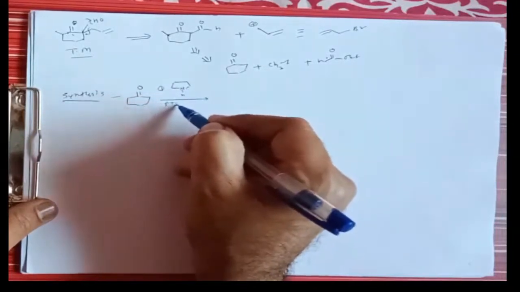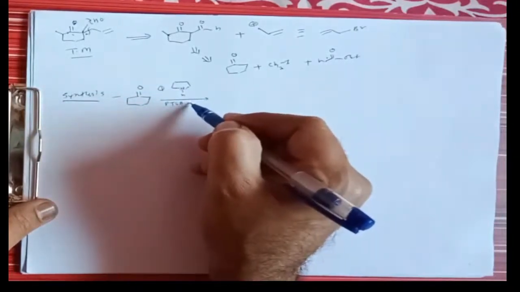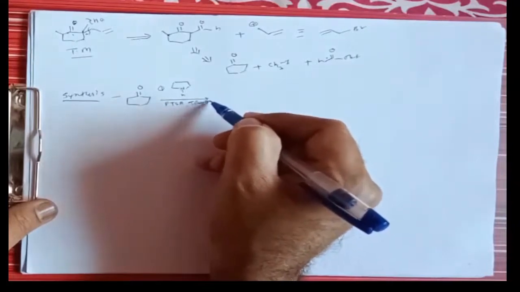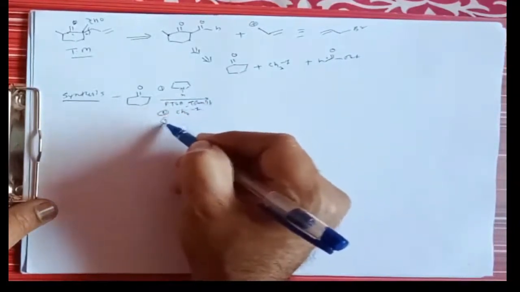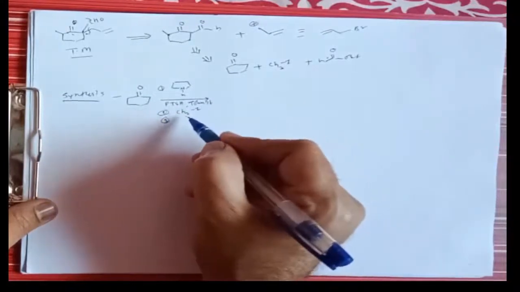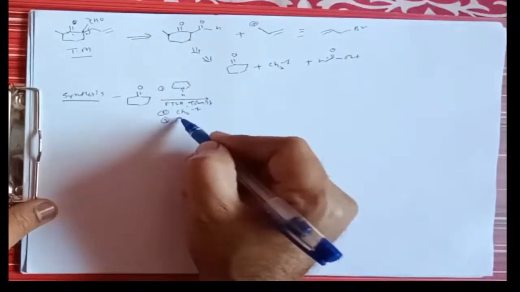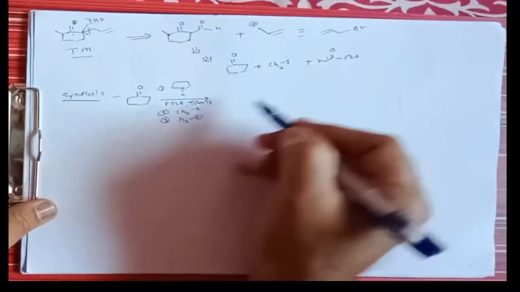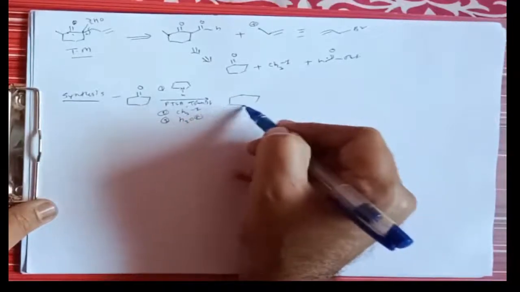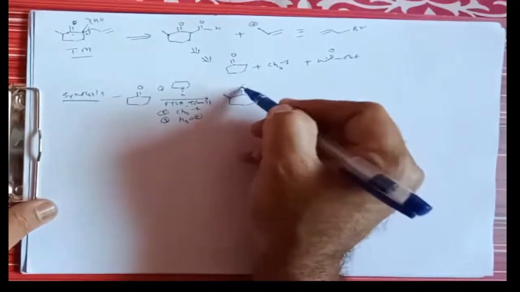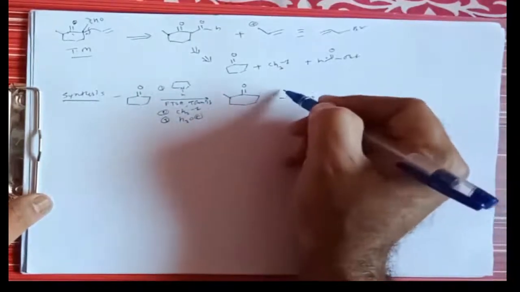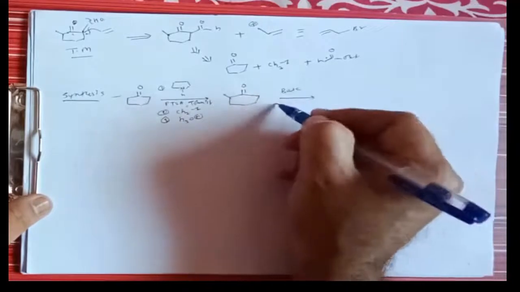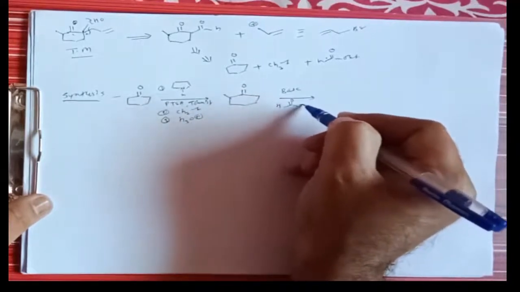in presence of PTSA, then toluene reflux, then secondly it can be treated with this methyl iodide, and thirdly with H3O plus. So it gives 2-methyl cyclohexanone, and when this molecule is treated with base in presence of ethyl formate, what does it give?